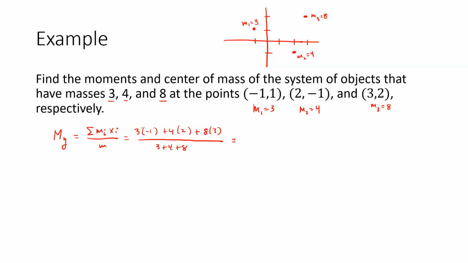That gives me -3 plus 8 plus 24, and then 3 plus 4 plus 8 gives me 15 downstairs. So this gives me 29 over 15. Oh, and actually, sorry, I did My over m here, so this is really computing x bar.